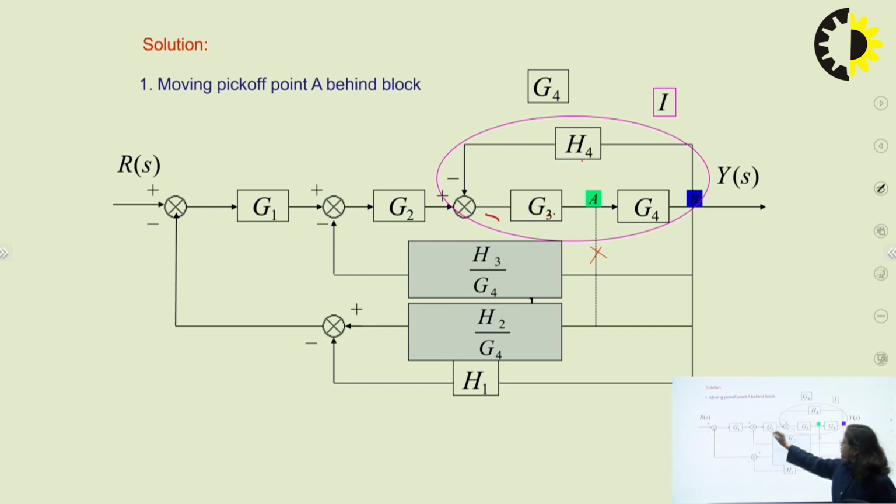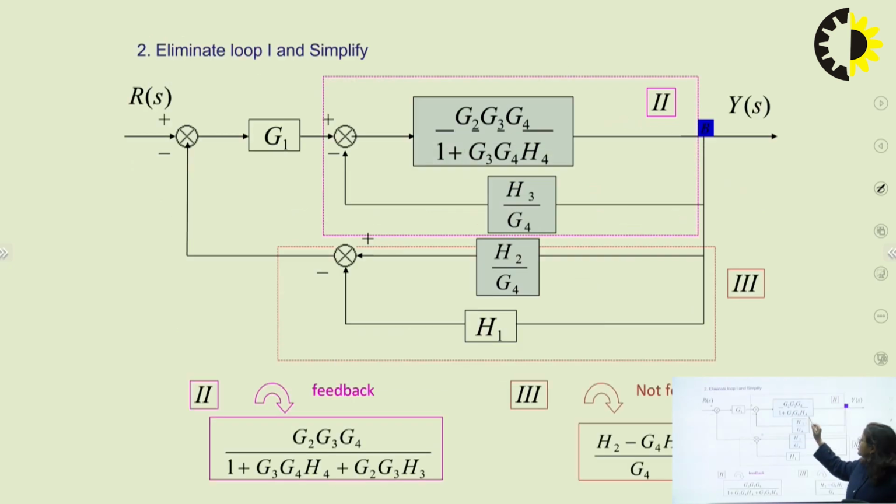So we will solve this block again to get the overall function, which is again in feedback cascade with G1. So G1 into this overall function, and then once we solve, this will become the forward path, and the second one, the sum or subtraction of these two, since both are in parallel, the subtraction of these two will become the feedback, which is again fed back to the input.